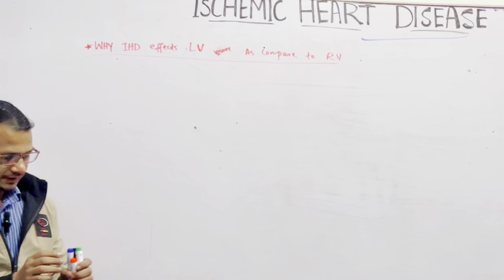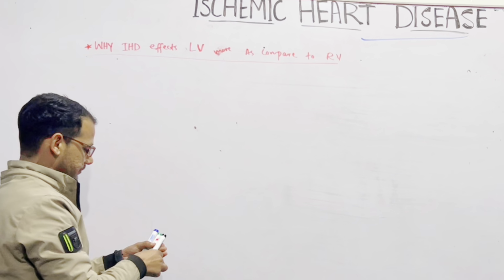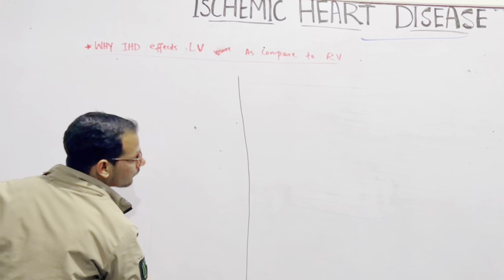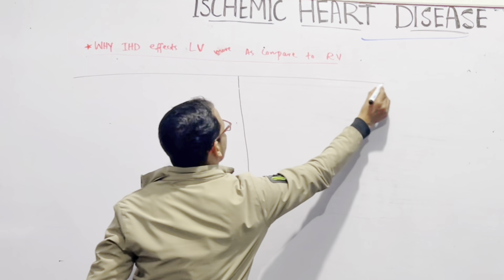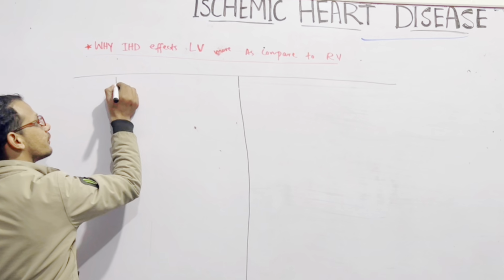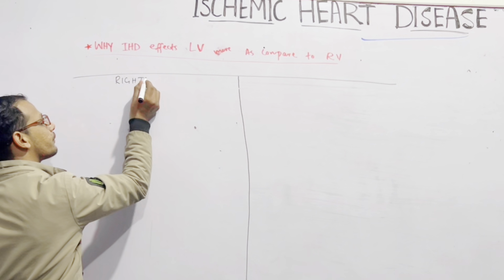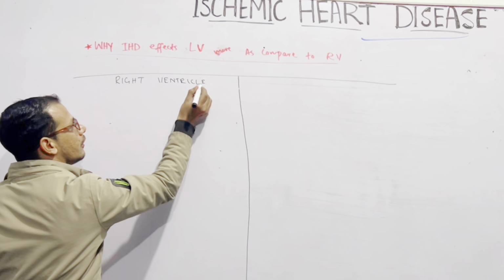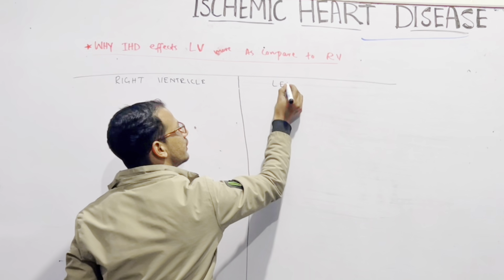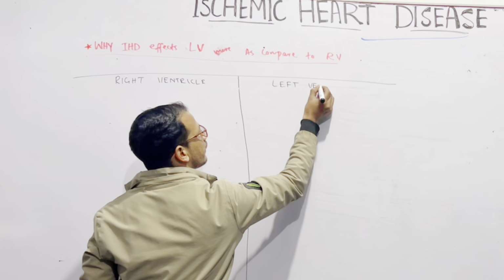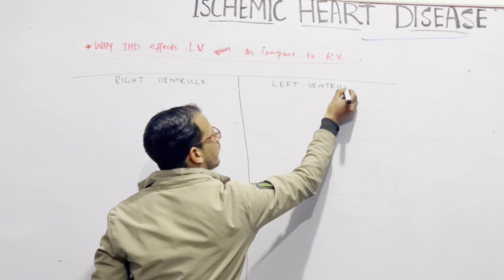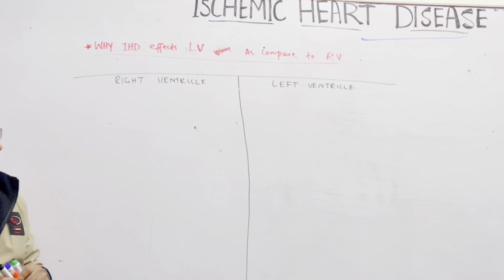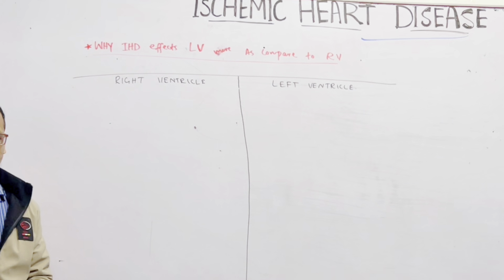The first, for example, we make a simple table here. On one side we will show the right ventricle, and on this side we will show the left ventricle. The first point is the thickness of right and left.